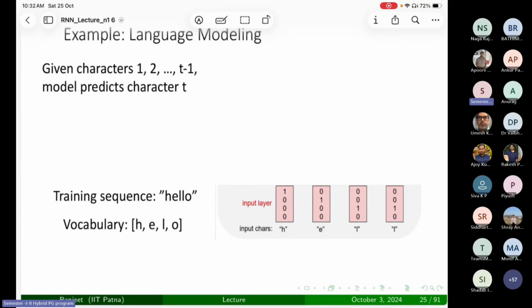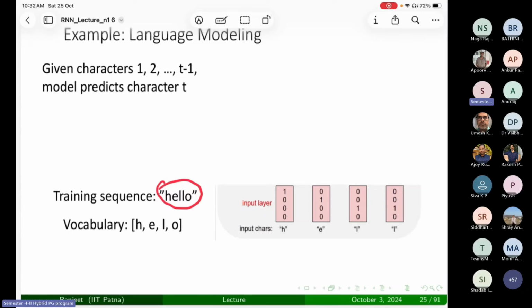Suppose we are taking one word, hello. In general we work on word level, but let us work here on the character level, just for the sake of this toy example that we are going to see here.